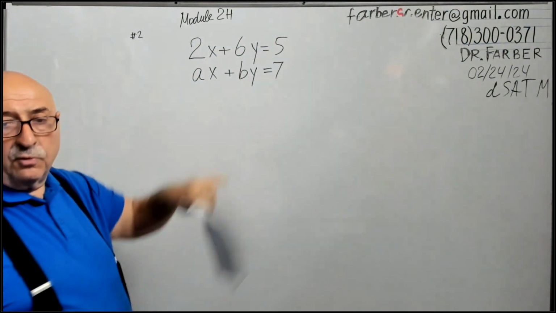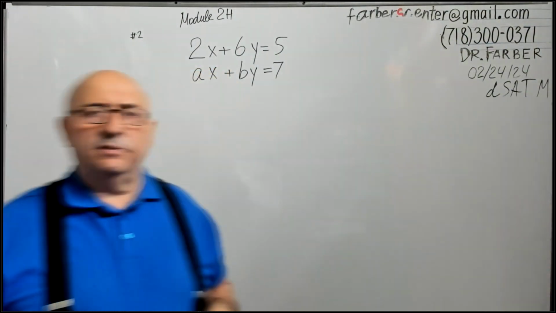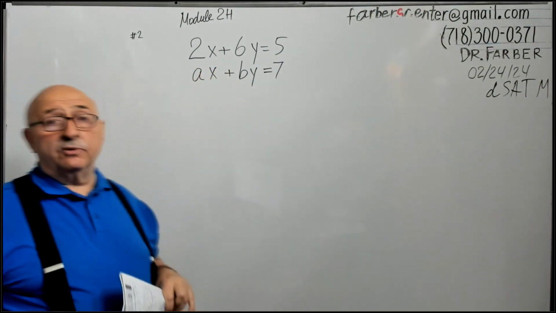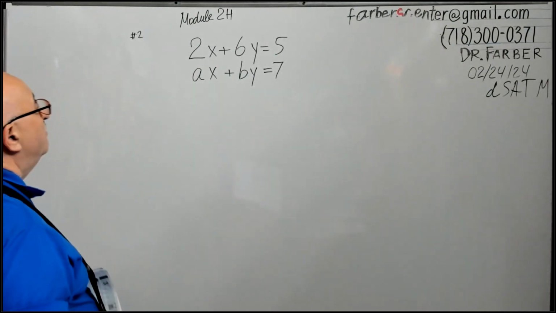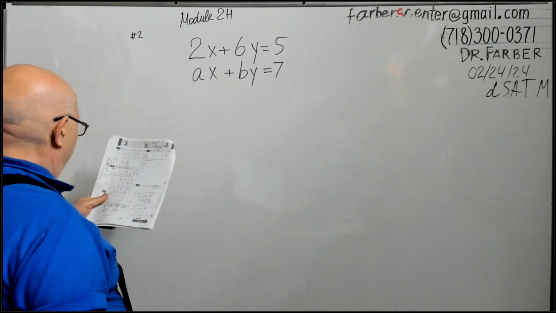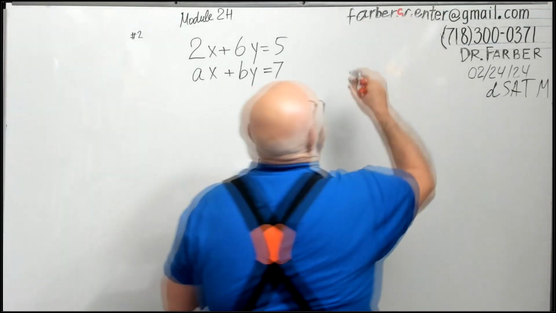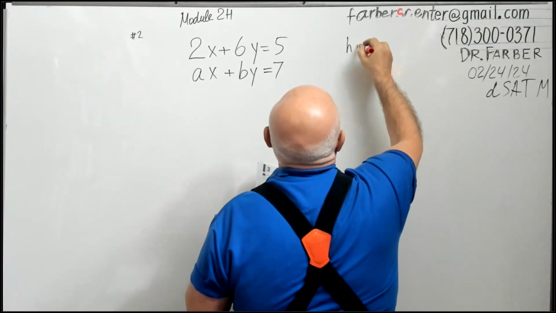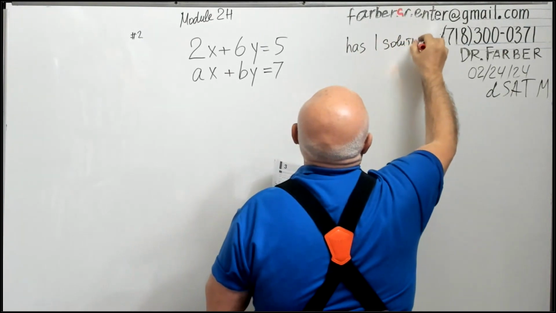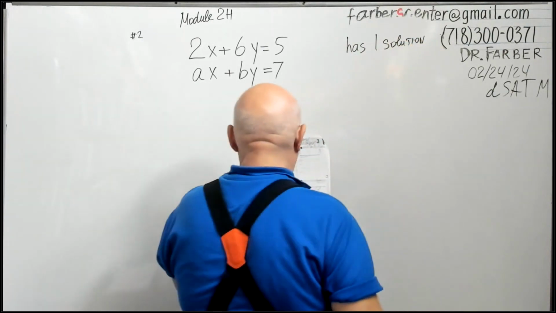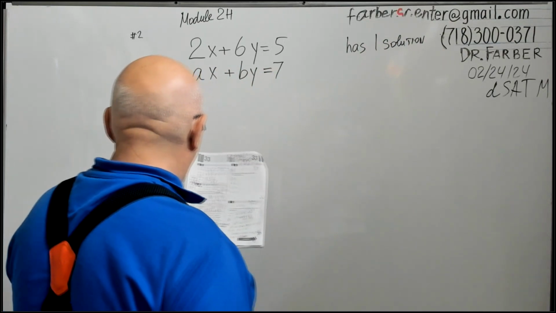You noticed in all your tests they have a lot of parameters, much more than we have here in the United States. Some variables, some constant variables, in addition to the dependent variables. And the question: the system has only one solution. Which of the following could be the values of a and b?